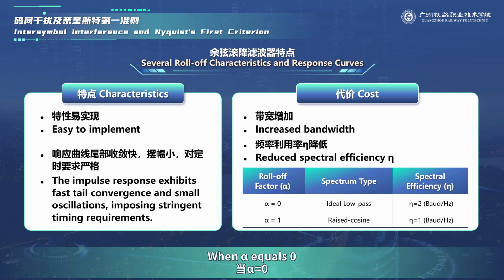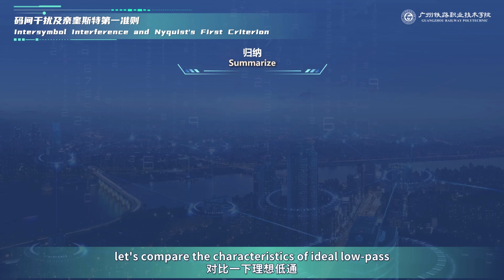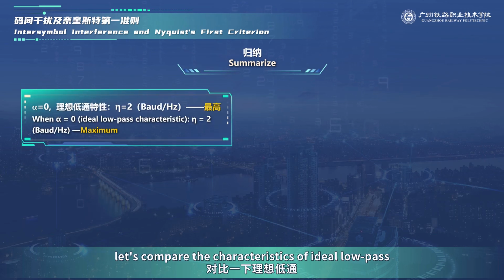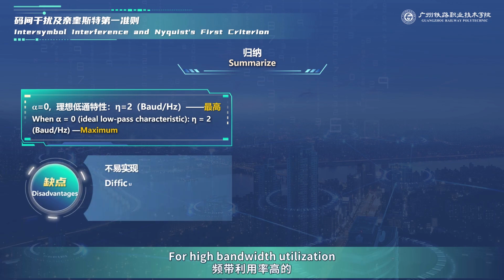When alpha equals 0, it corresponds to the ideal low-pass case, and when alpha equals 1, it represents the raised cosine situation mentioned earlier. Now, let's compare the characteristics of ideal low-pass and raised cosine roll-off.